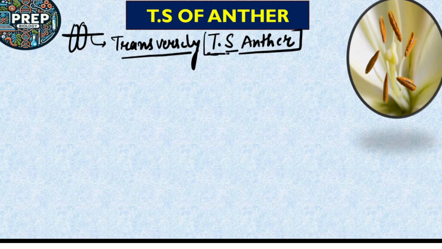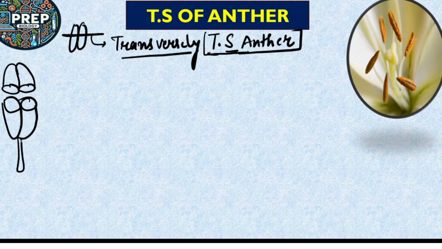This section is very important from the exam point of view, so understand it carefully. If we cut this, we have this kind of structure. This is the first lobe and this is the second lobe.